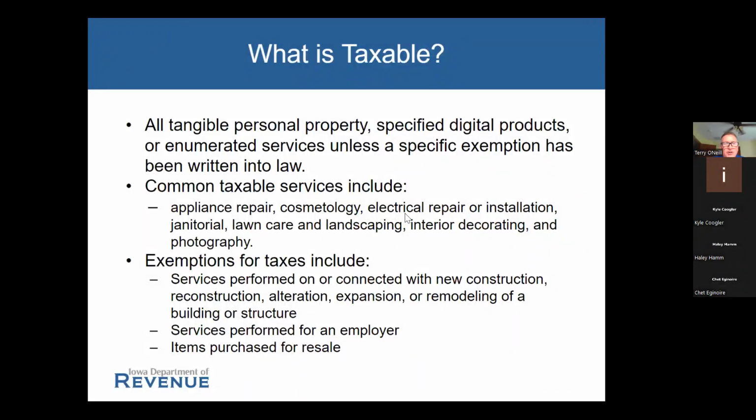It is, it's one of our enumerated services. However, if I was hiring an electrician to come and build a new building for me, let's say I was going to build a new house, and the electrician is going to come and do the wiring, since that service is performed on or connected with new construction, that service is going to be exempt from tax, okay? That's what I'm trying to say here on this first exemption to the tax on services.